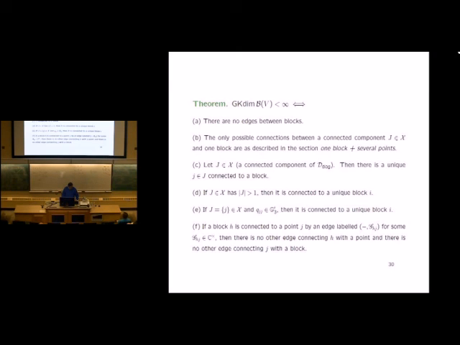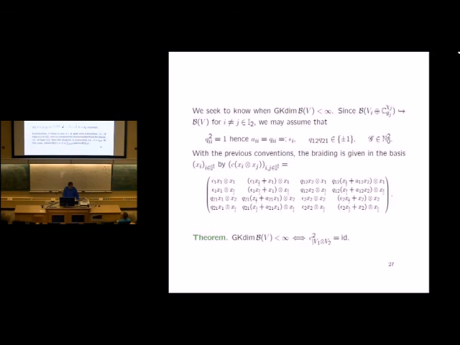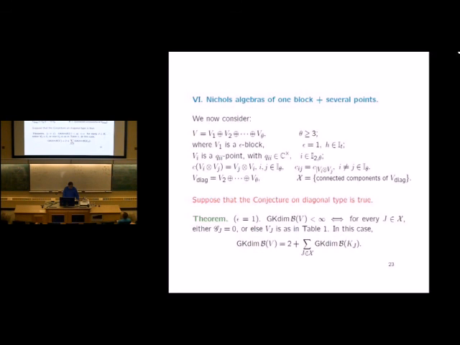And, well, the proof of this theorem, the really difficult part of the proof was the proof of one block and several points, because we had to discard, assuming the conjecture, many connected diagrams, and this, at least at the moment, I do not know how to do in a more general way. We have to go more or less inductively.